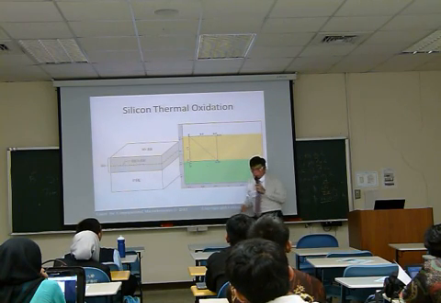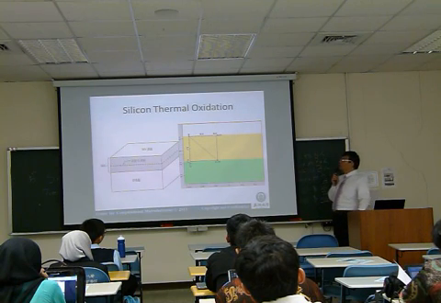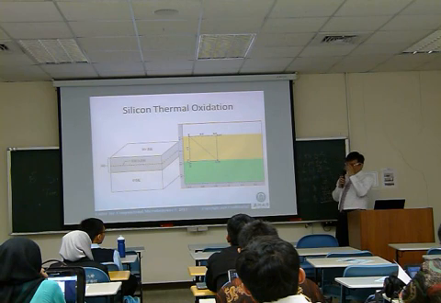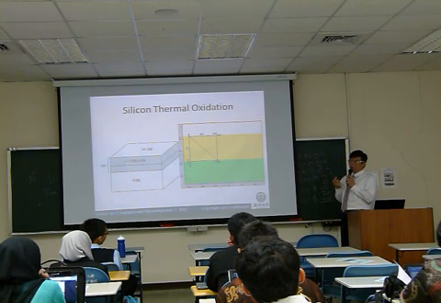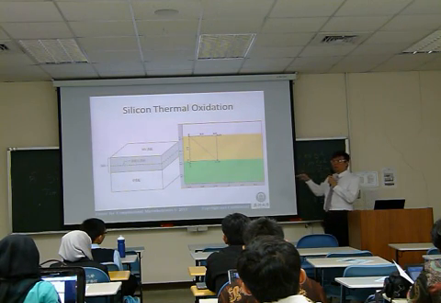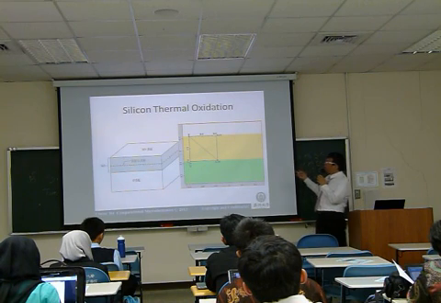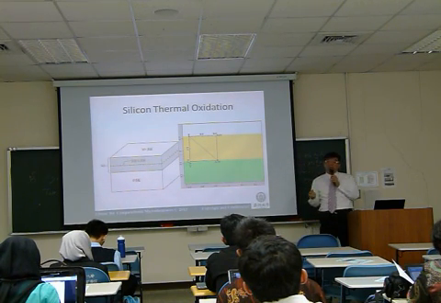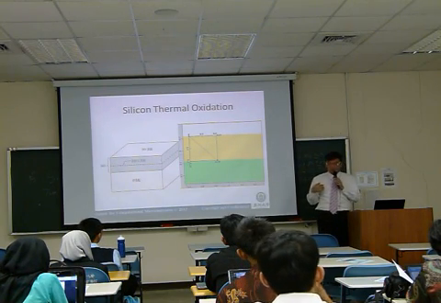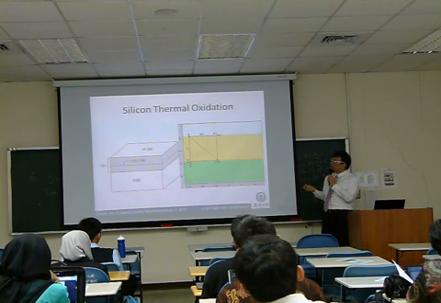Silicon substrate for the thermal oxidation. And why did we choose silicon as our semiconductor substrate material? Because it is easy to get silicon dioxide, and this silicon dioxide is a good insulator.